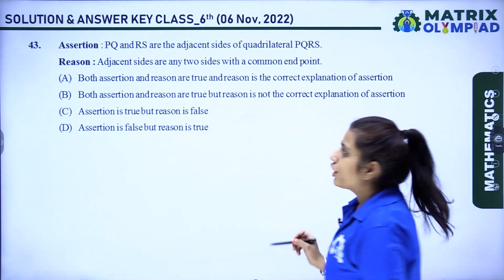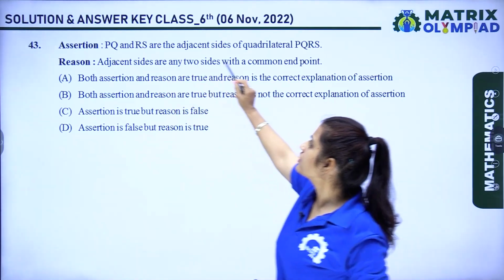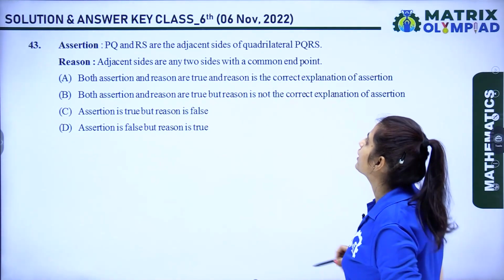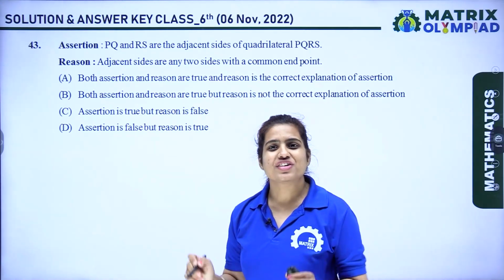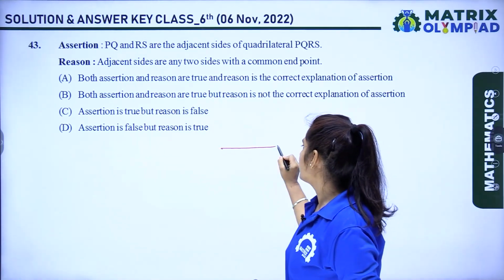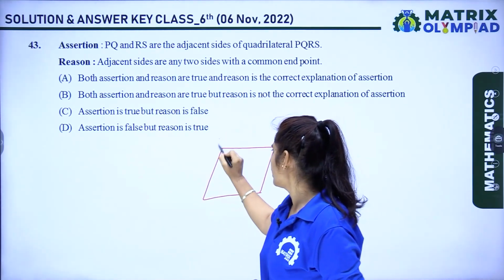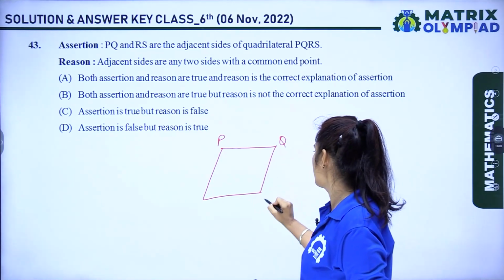Now question number 43 says that assertion: PQ and RS are the adjacent sides of a quadrilateral PQRS. So first we have to draw a figure of a quadrilateral PQRS.